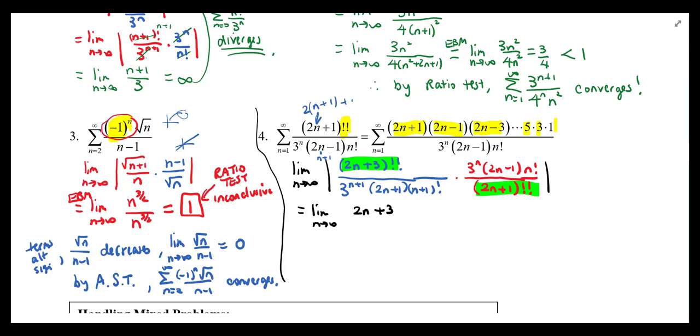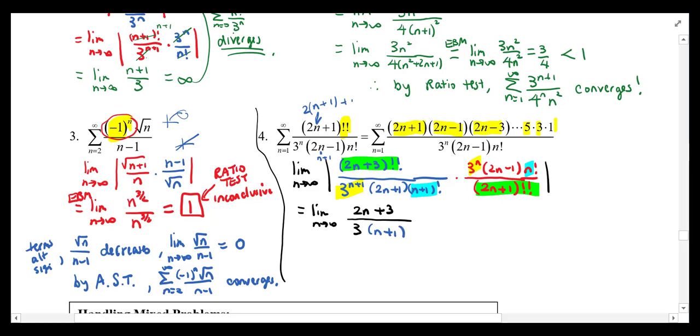What else can we simplify? 3 to the n over 3 to the n plus 1 simplifies to just a 3, right? What else can we do? Well, the n factorial and the n plus 1 factorial leaves us with a factor of n plus 1 in the denominator.